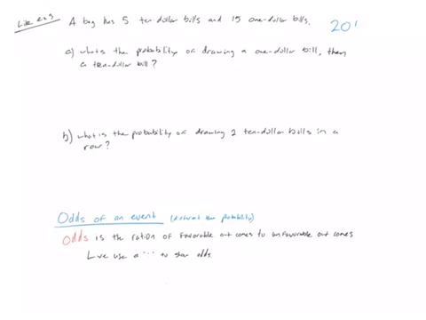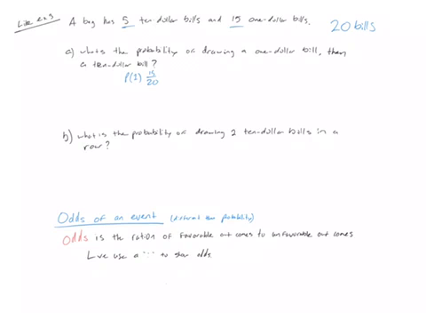So there are 20 bills, because 5 plus 15 is 20. So the probability of drawing a $1 bill is going to be 15 out of 20, because there's 15 $1 bills and there's 20 bills altogether.